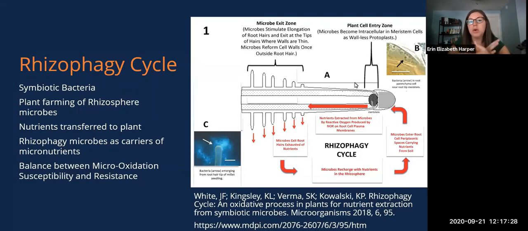The plant knows which bacteria or which fungi it needs to attract, because some bacteria might be high in zinc and some might be high in calcium. So the plant knows what it needs, and it puts out a chemical that will attract the bacteria or fungi that it needs, takes that in, extracts the nutrient it needs from that specific thing, and then sends it back out on its way.